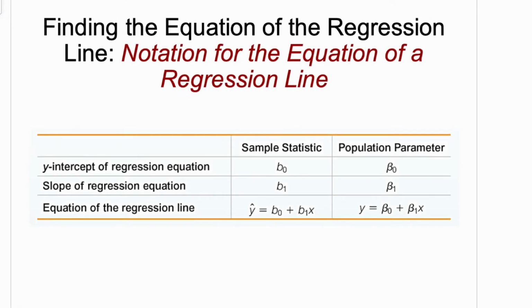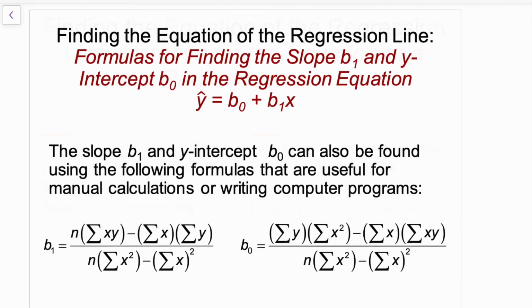Like we said, the y-intercept of our regression equation is b sub 0, and the slope is b sub 1, giving us an equation of y hat is equal to b sub 0 plus b sub 1x. We do have parameters for the population, but we will restrict ourselves to only the sample in this case. The equation for the slope b1 and the y-intercept b0 are listed below.